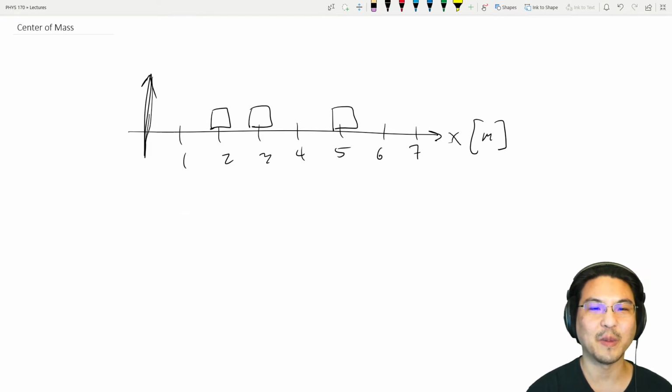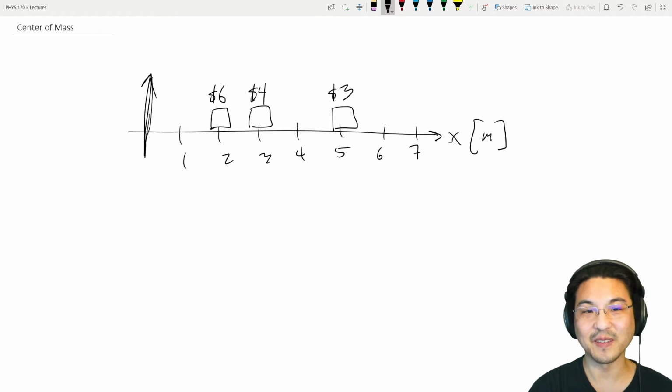Now, how about if this box over here is worth $6? Sounds weird. And then this one is worth $4. This one over here is worth $3. What is the dollar weighted mean position?